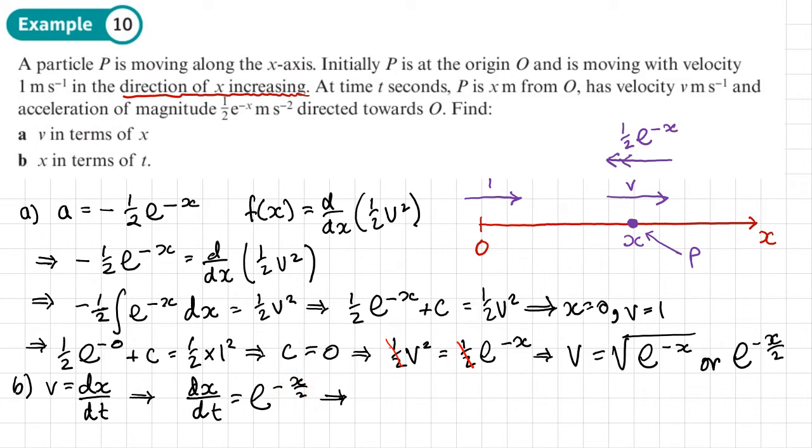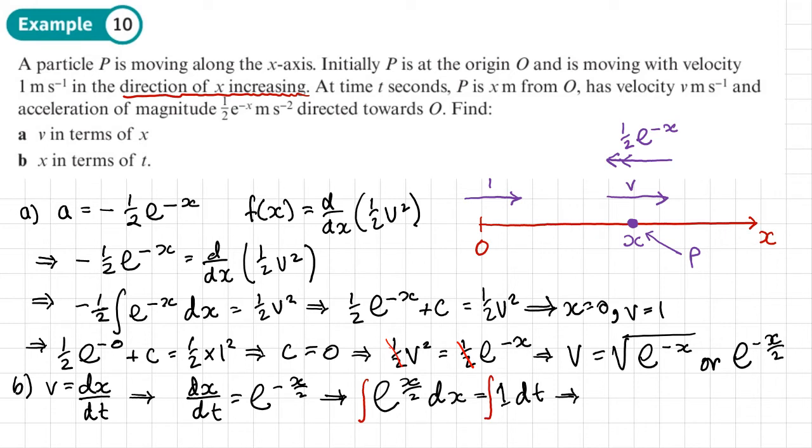So I end up with e to the x over 2 dx equal to 1 dt. Then we integrate both sides, so I can stick an integration sign on both sides like that. That's the separation of variables.